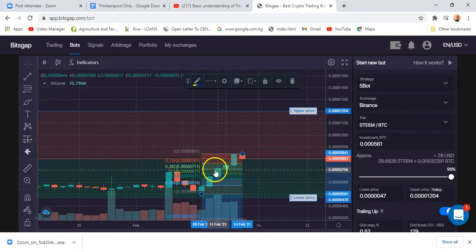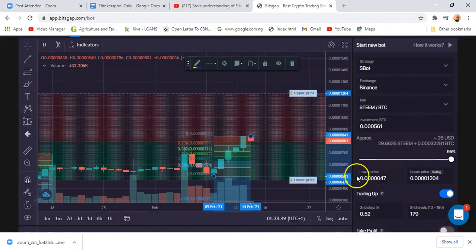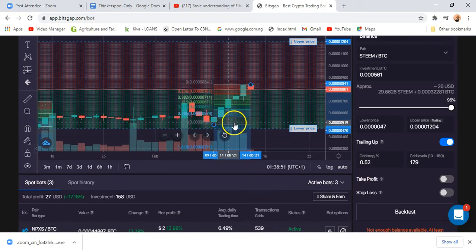Okay, and collapse this. So as it is now, if I want to start this bot, since I'm using Steam BTC pair, I'm going to look at the possible retracement point, which is 0.53, or let me say 0.59.